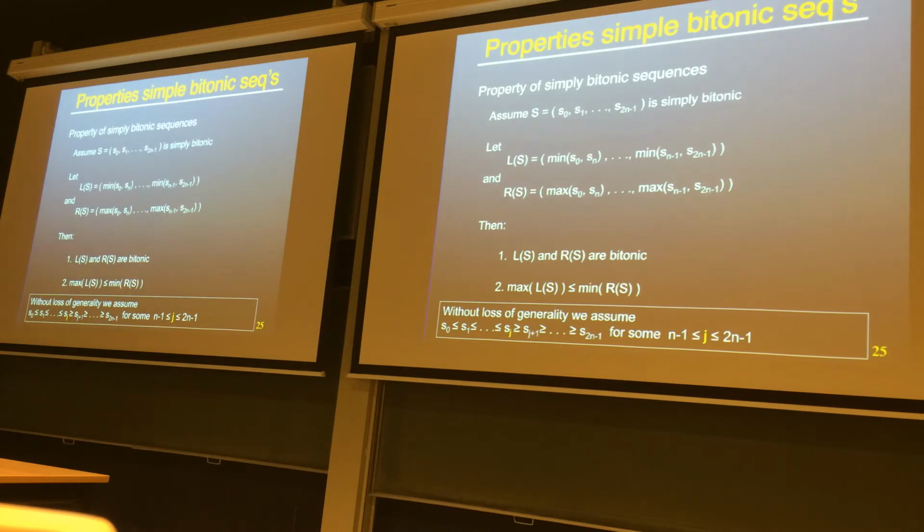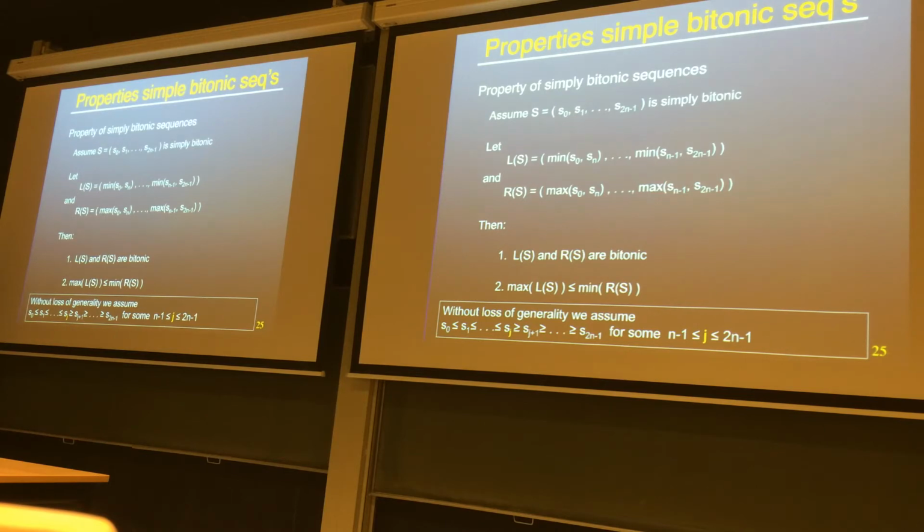If you have a bitonic sequence, so a unimodal sequence, and it is of length 2n, and you compare the corresponding elements from the two halves of the sequence, so S0 with Sn, S1 with Sn+1, and Sn-1 with S2n-1, and you take the minimum and collect them in L(S), and you take the maximum and collect them in R(S), then taking these two sequences, both containing half of the elements of the original sequence, we can show that both are bitonic.